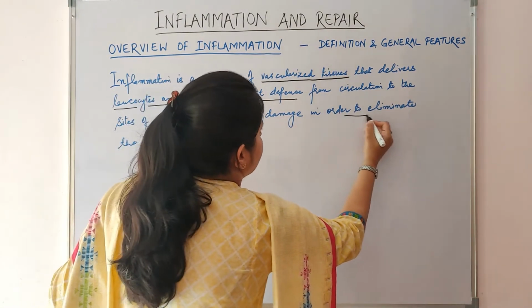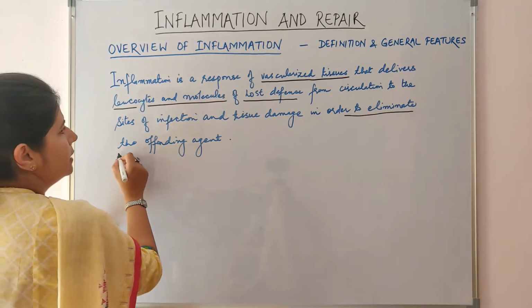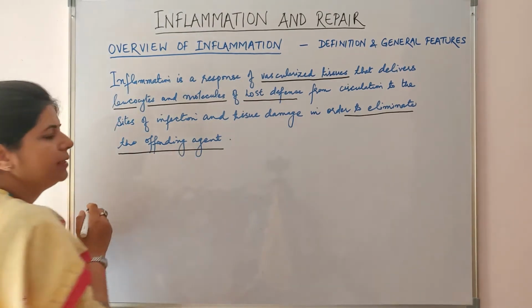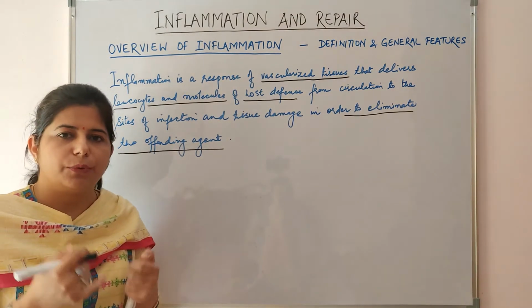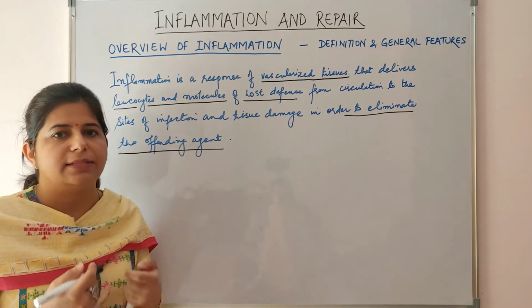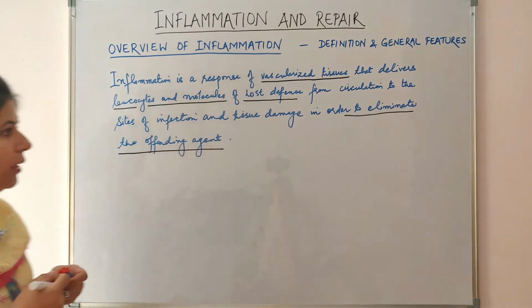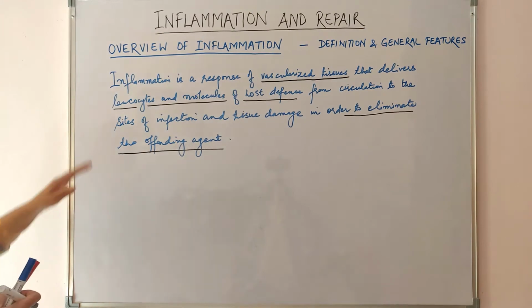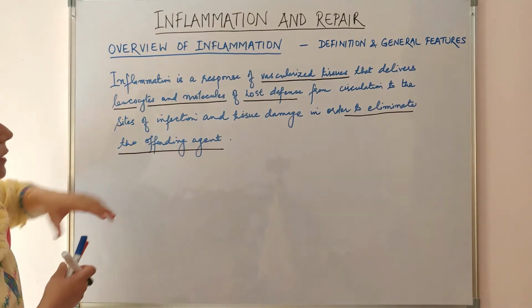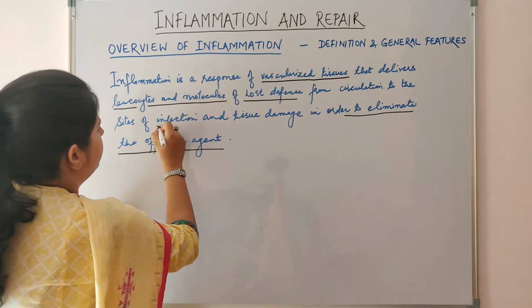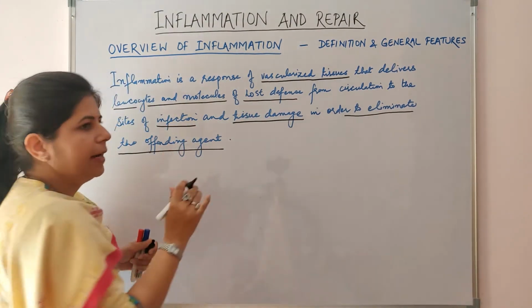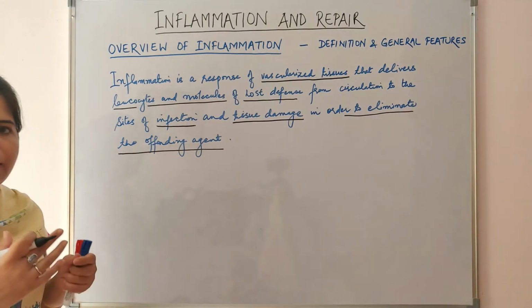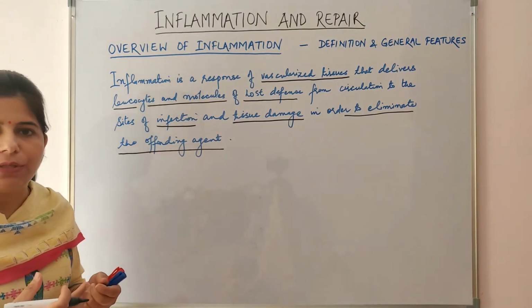And what is the function of the inflammatory response? It is to eliminate the offending agent. So we can say that inflammation is a protective response that is essential for survival. From the definition we can understand that infection and tissue damage or necrosis are the important causes of inflammation.